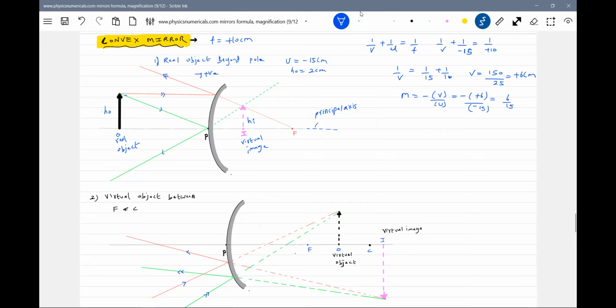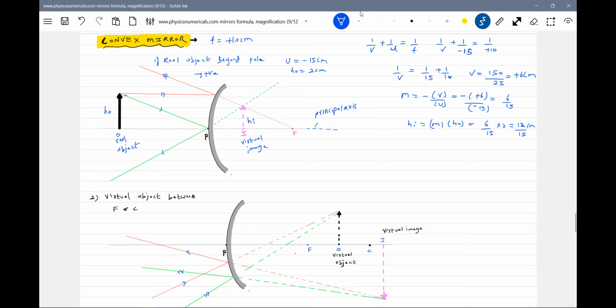I think this will be less than 1, so the image will be diminished. Then the height of the image will be less than 1 centimeter, diminished.